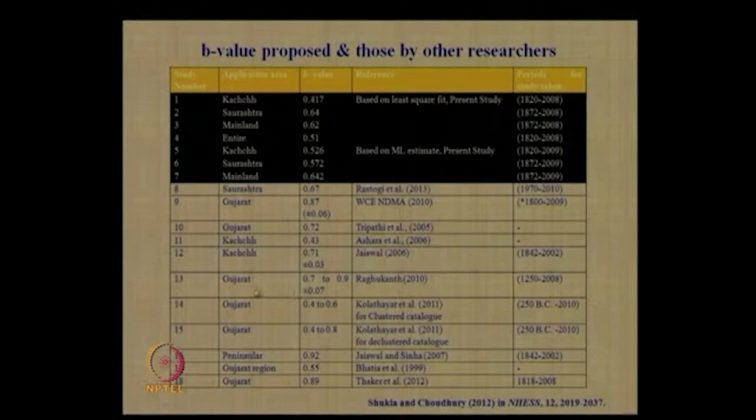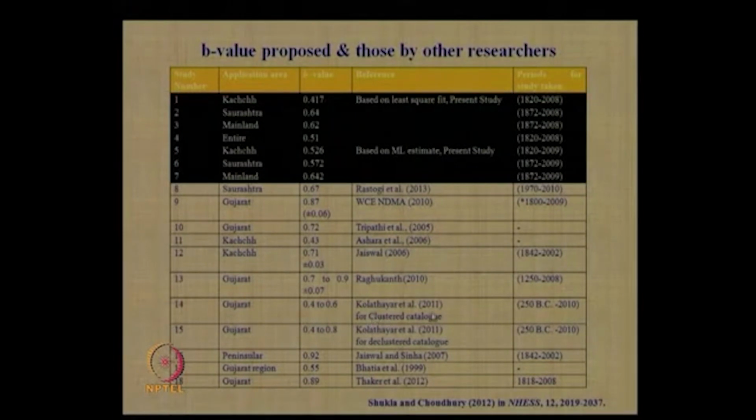Raghukant in 2010, for entire Gujarat, once again proposed a value between a range of 0.7 to 0.9 with an error factor of 0.07, when they considered earthquakes between 1250 to 2008.